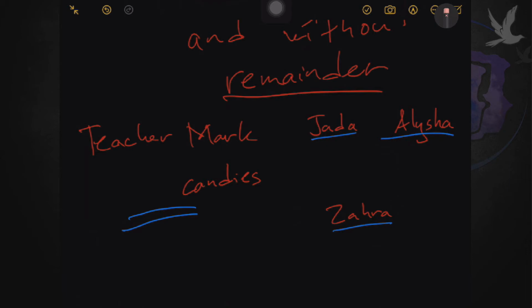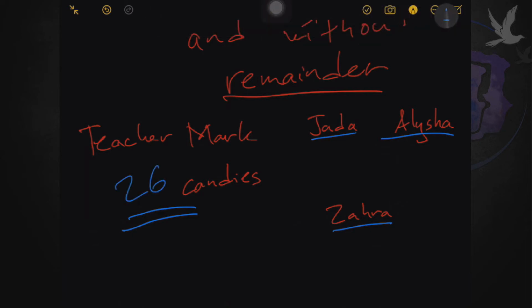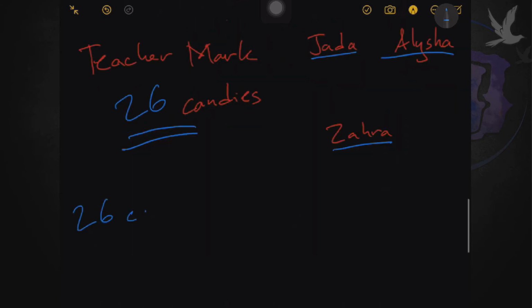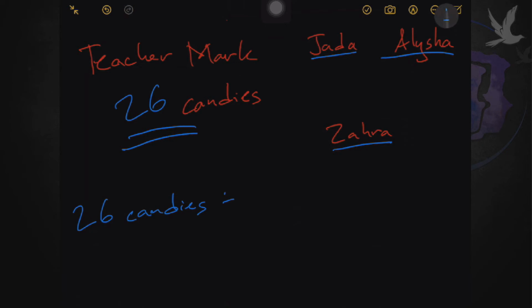Okay? So in this case, what if I have 26 candies? Which will be distributed to Jada, Alicia, and Zara again. Okay, so ibig sabihin I now have 26 candies to be divided by how many students do I have? Jada, Alicia, and Zara. So that's 3 students.